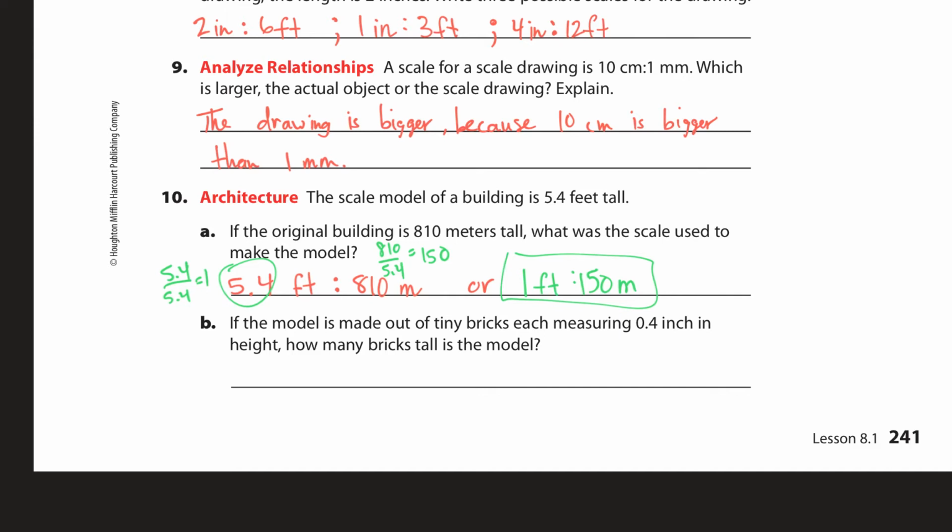If the model is made out of tiny bricks, each measuring 0.4 of an inch in height, how many bricks tall would the model be? Well, look at this. This is in inches, and they give this to us in feet. We need to turn this into inches.